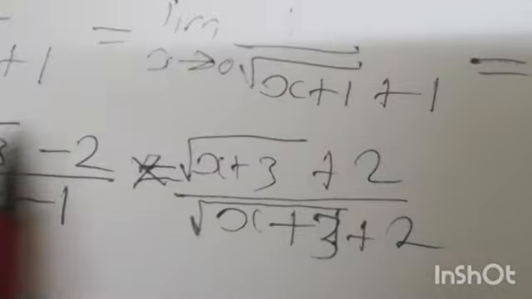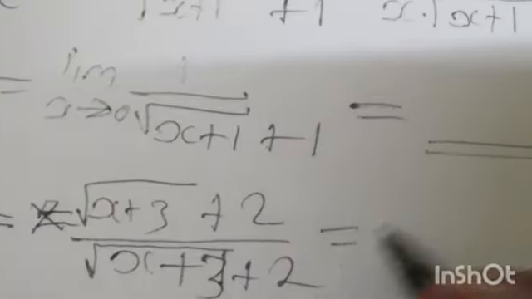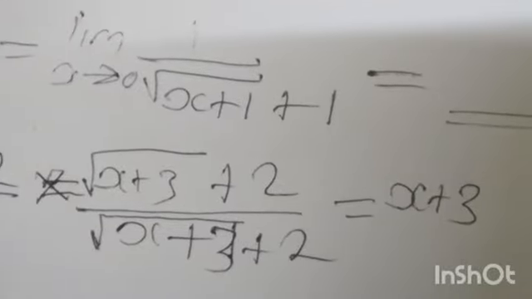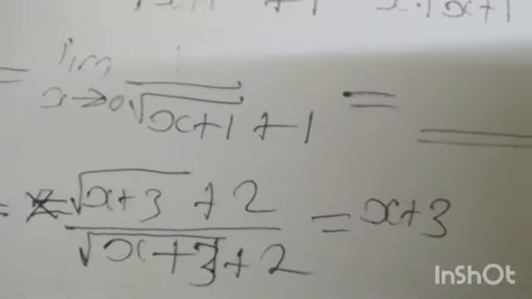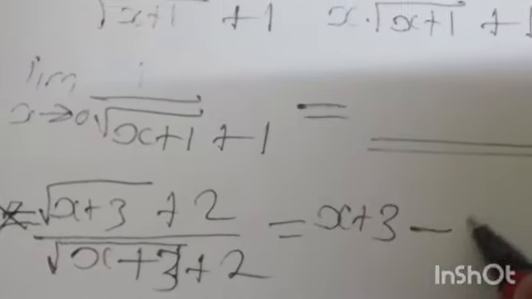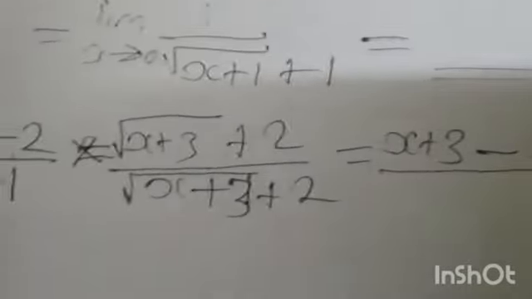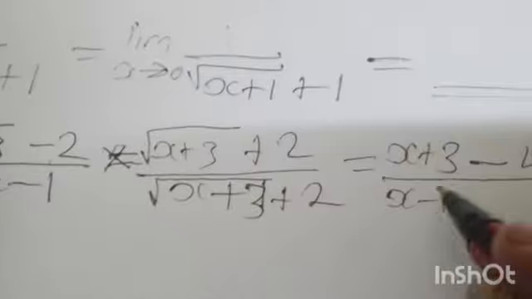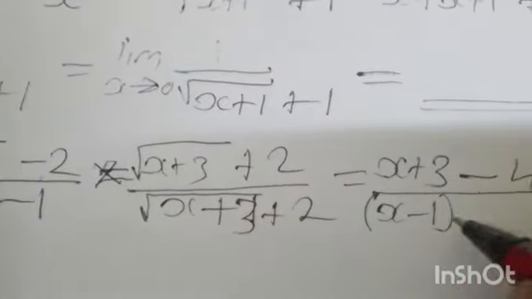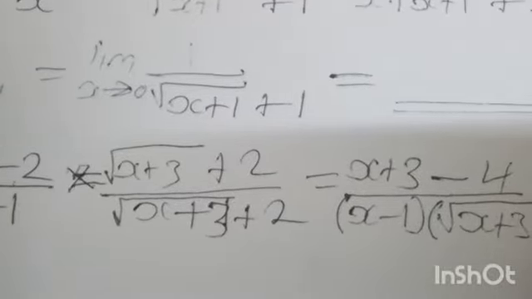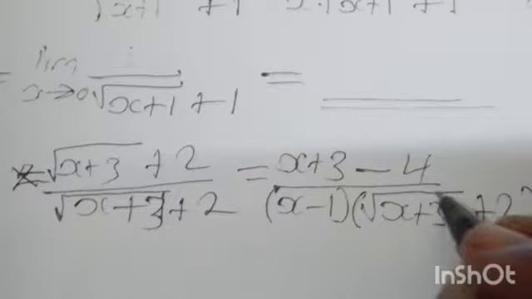Then multiplying these two in the numerator, you will get simply x plus 3, and 2 times 2 is 4, so it should be a negative 4. Over, you don't even have to expand the denominator, you just leave it as it is. So it will be x minus 1 multiplied by root of x plus 3, then plus 2.